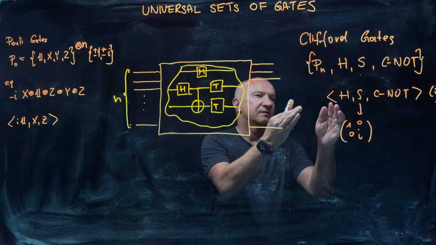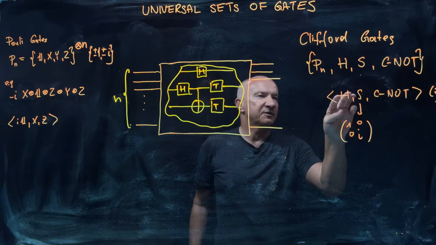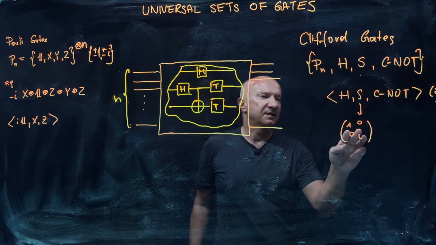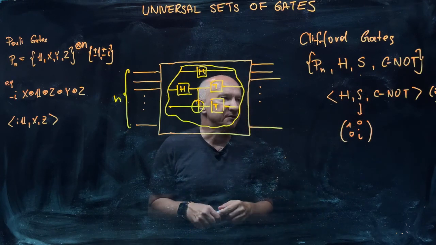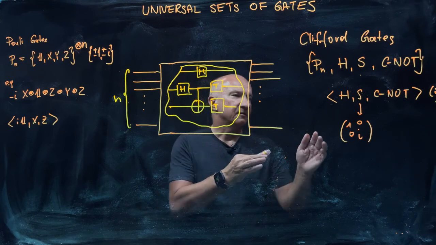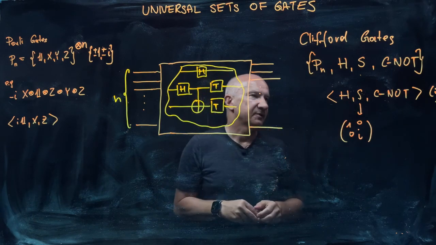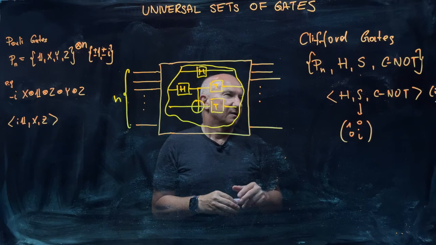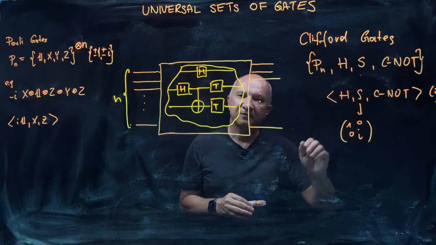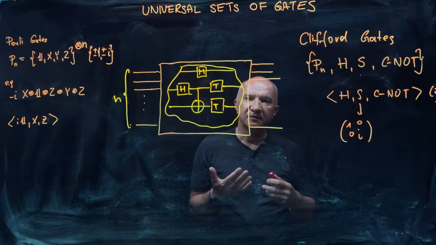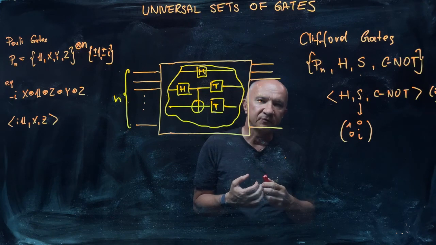So you can see that's enough, because the Hadamard and S operation can generate all the Paulis. So that includes all Pauli operators. So this set of gates is again quite interesting and useful.